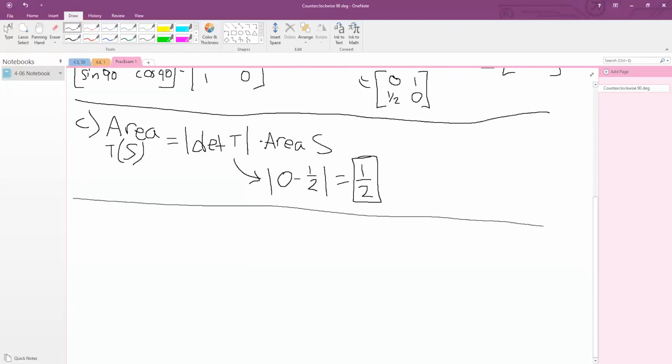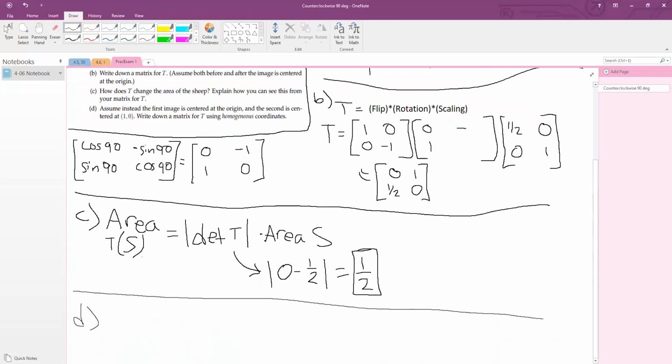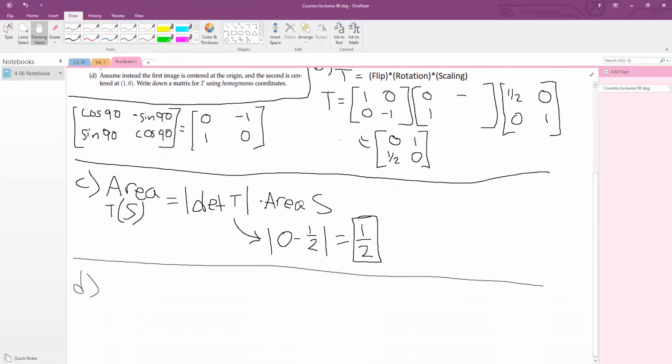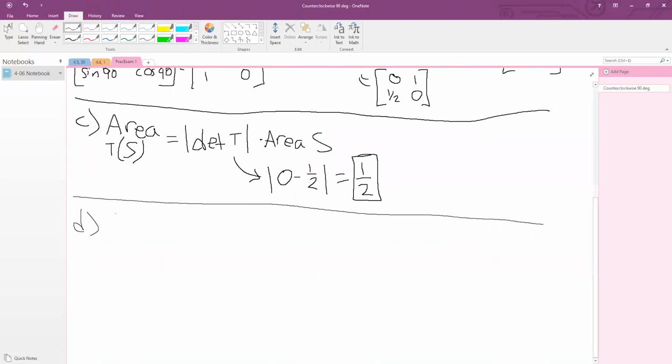Finally, we have part D. Part D asks, assume instead the first image is centered at the origin and the second is centered at 1, 0. Write down a matrix for T using homogeneous coordinates. Just to review, when we do homogeneous coordinates, we are basically taking our 2x2 matrix, whatever it is, and turning it into a homogeneous matrix by keeping those same four entries and then adding a bottom row of 0, 0, 1.